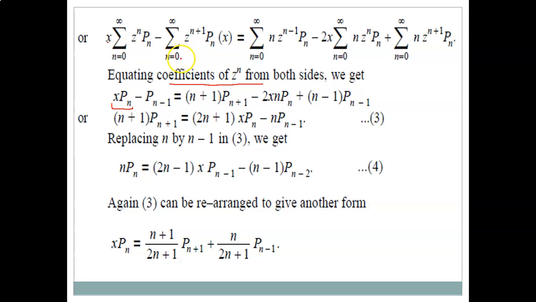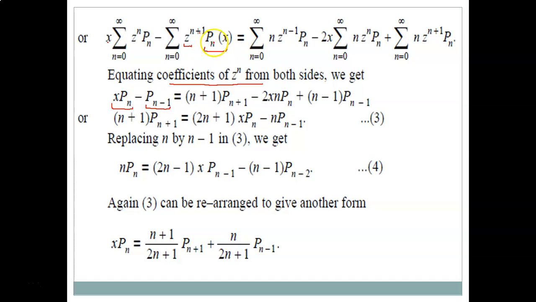When you have z raised to power n plus 1, the coefficient is Pn. But when you have n only, the coefficient will be Pn minus 1. That is why in the left hand side this is there. It is coming from this summation.